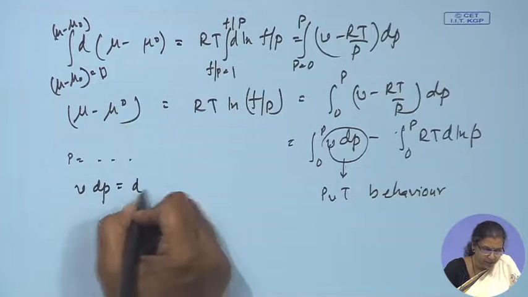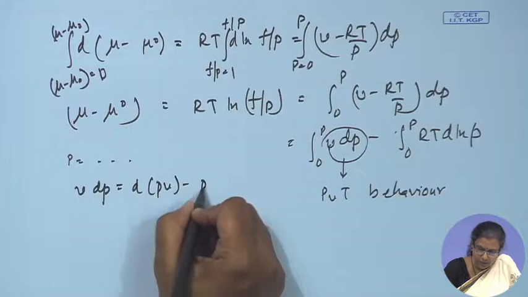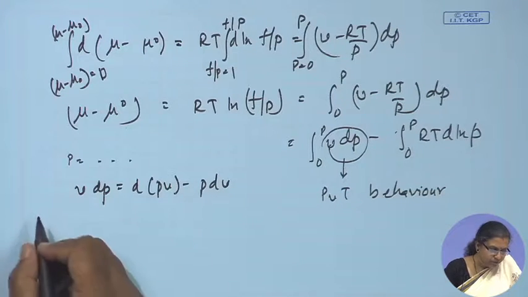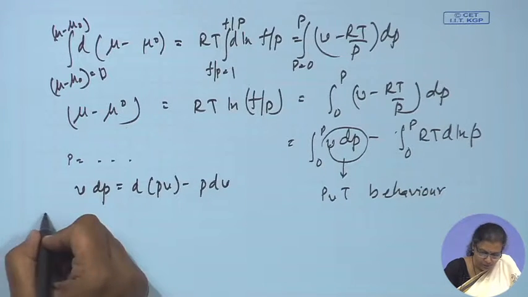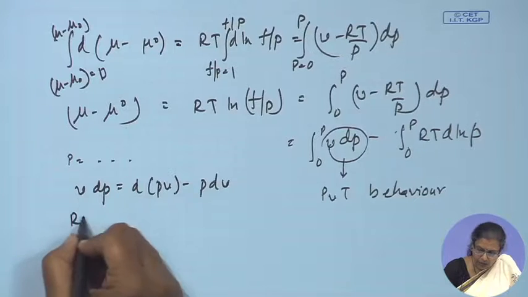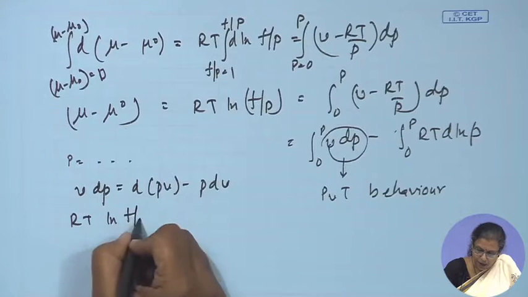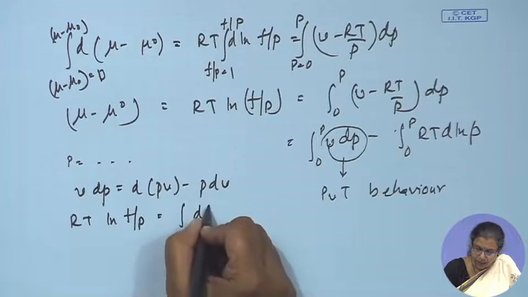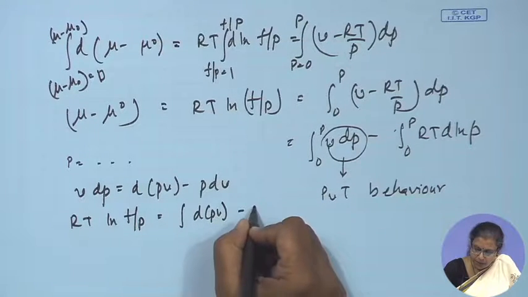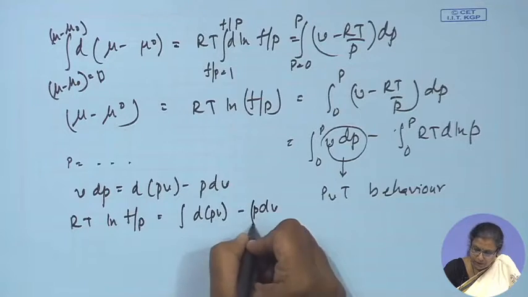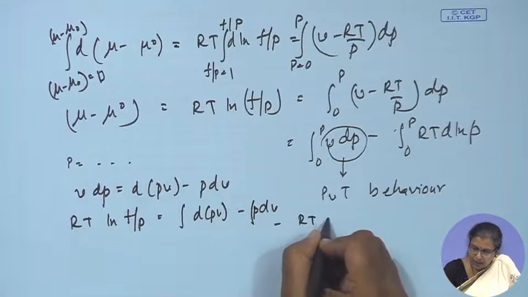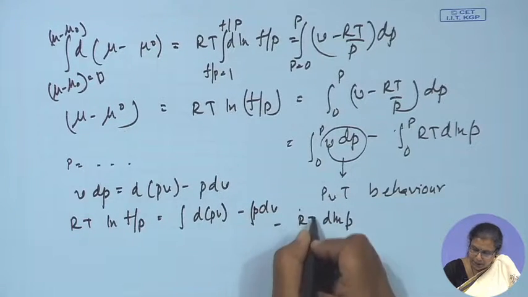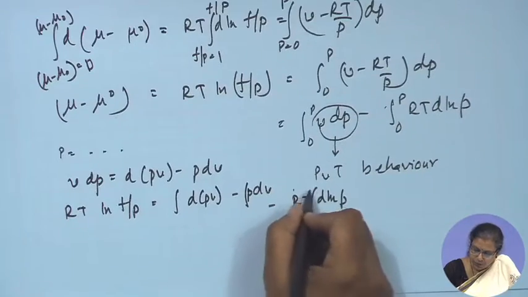We can write V dp as nothing but d of pV minus p dV. So, when we write R T ln f by p, then instead of V dp, we can write it as d of pV minus p dV minus R T d ln p, integral from 0 to p.